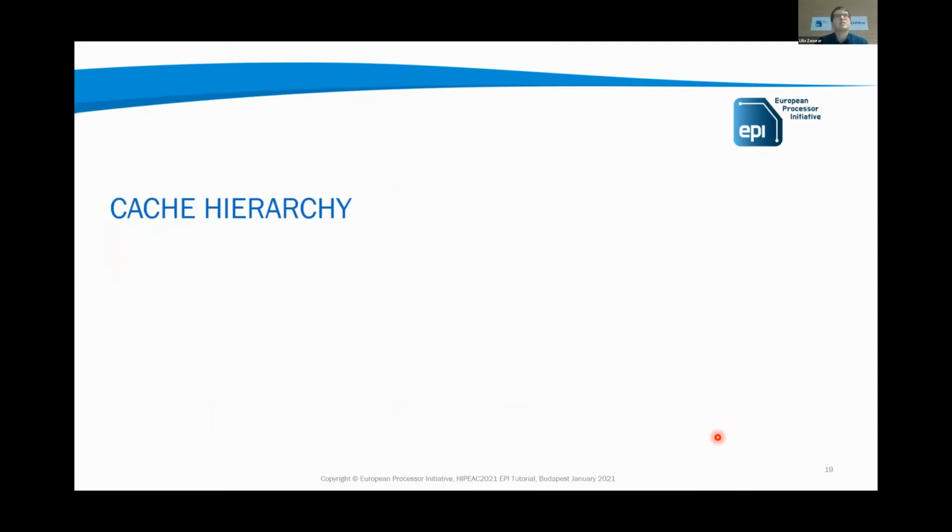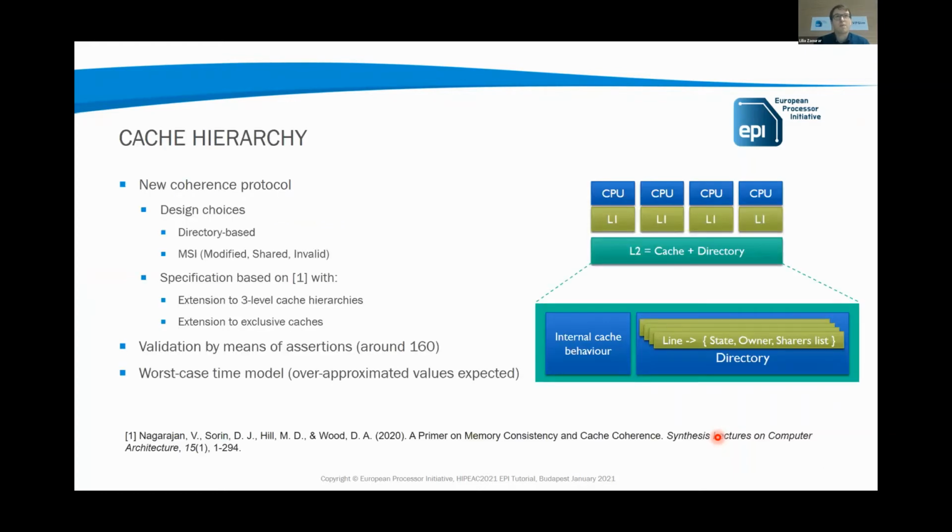So having described some generic features of VPSim, we'll now focus more on the models that were designed for the EPI needs, and in particular on the memory hierarchy, so cache modeling and NoC modeling. Initially, VPSim did support complex cache system modeling, but it didn't support a coherence protocol.